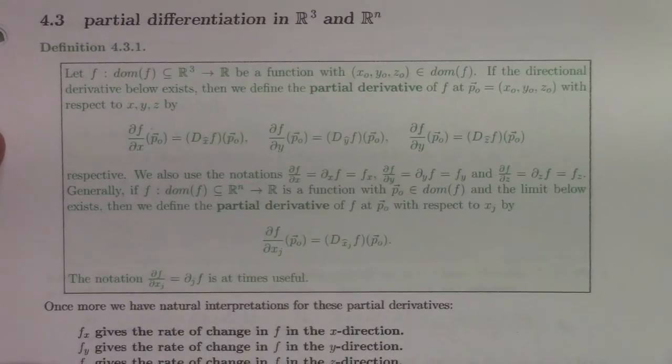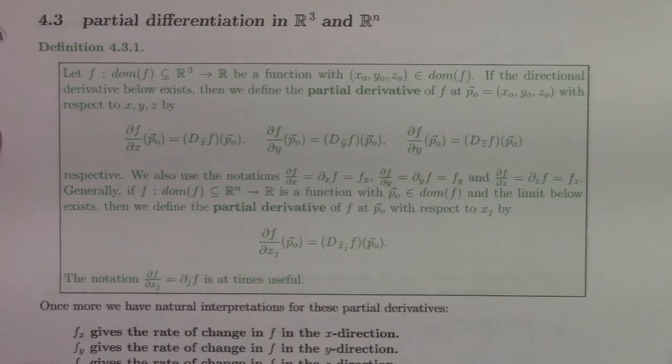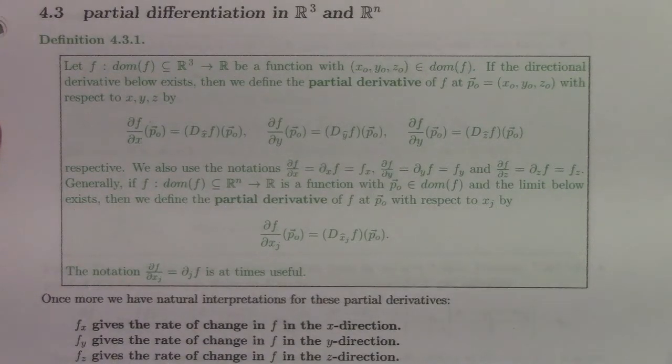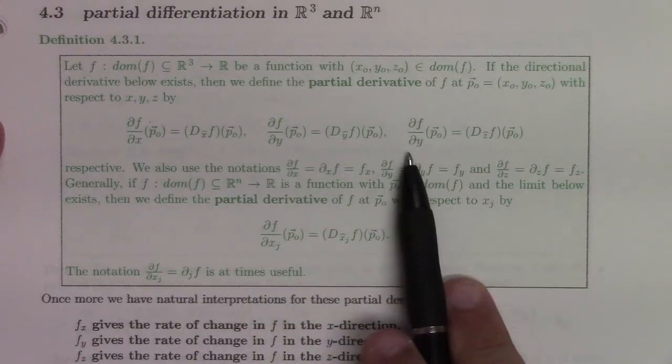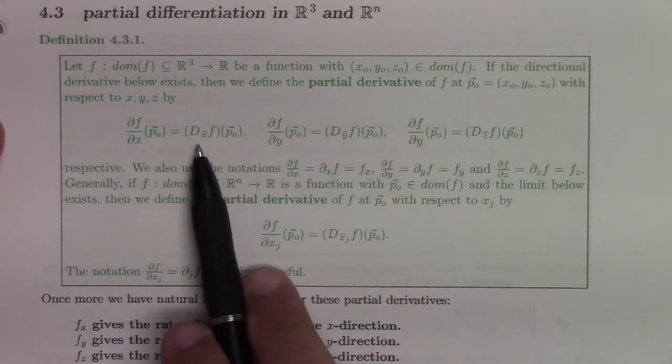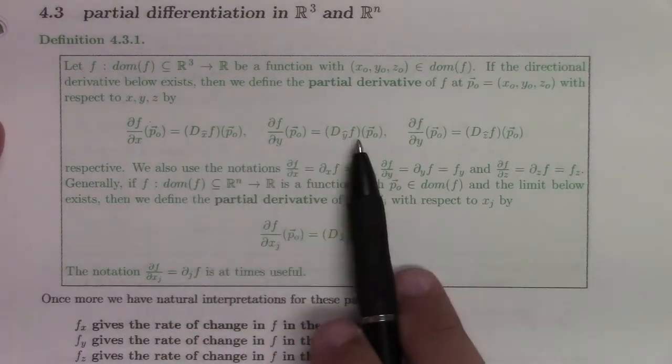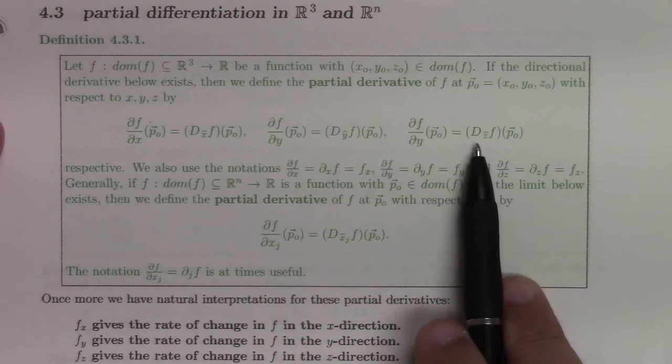Okay, so with that little bit of situational awareness behind us, here's the definition of partial derivatives in 3 dimensions or more dimensions. 3 dimensions to start with. The derivatives with respect to x, y, and z we define in terms of the directional derivative in the x hat, y hat, or z hat direction, respectively.